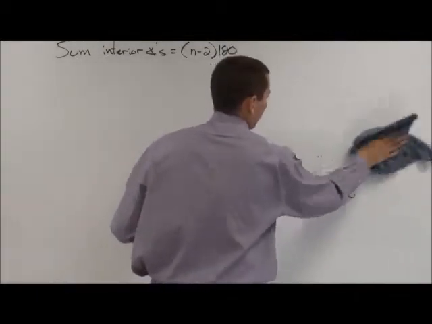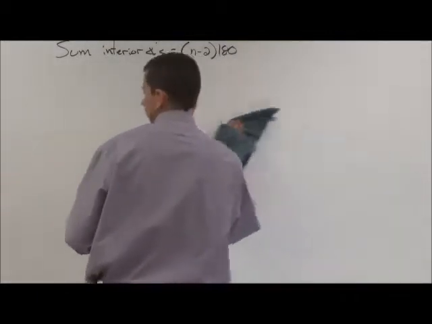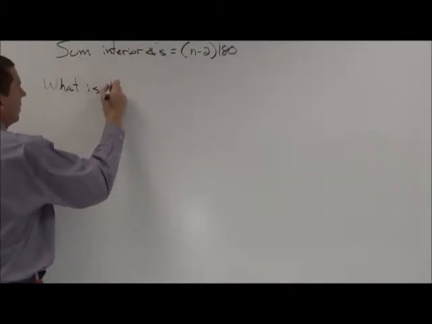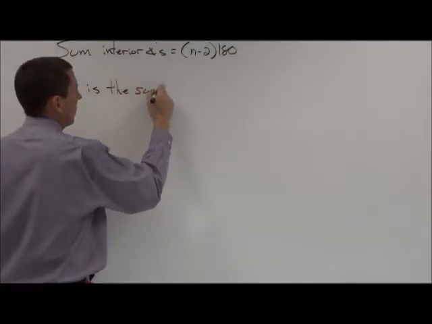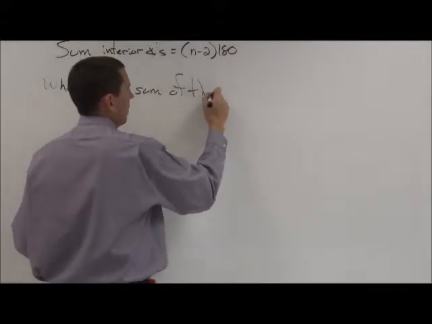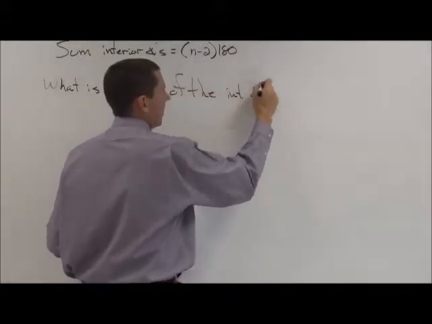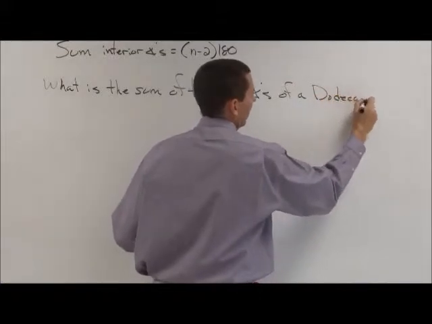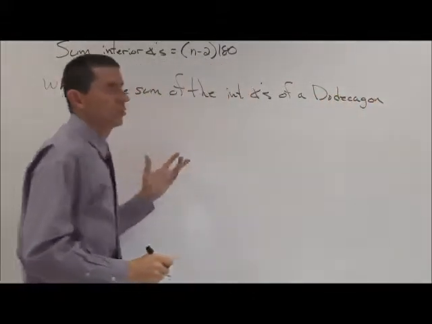So this could be a problem like, what is the sum of the interior angles of a 12-sided figure? What is the sum of the interior angles of a dodecagon, which is a 12-sided figure?